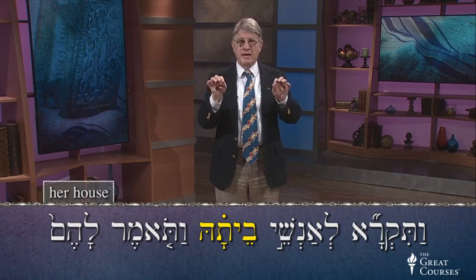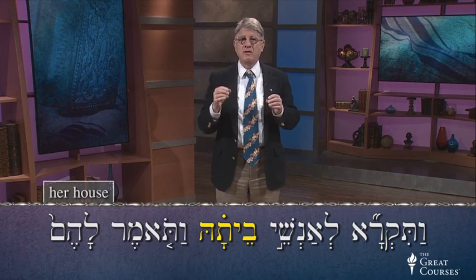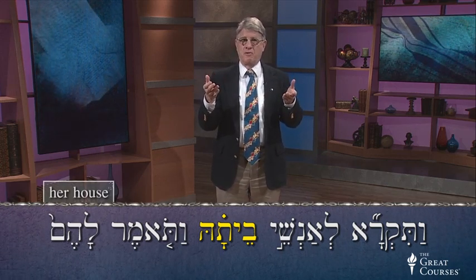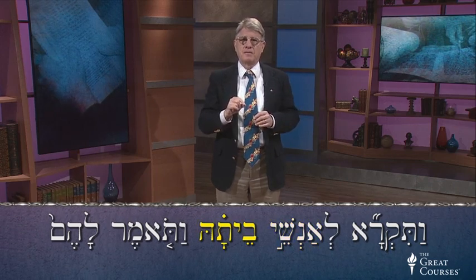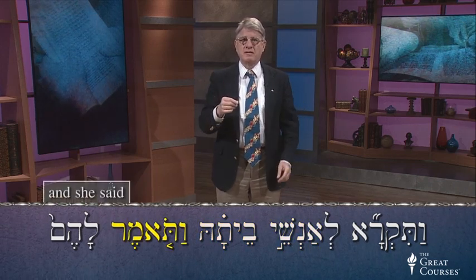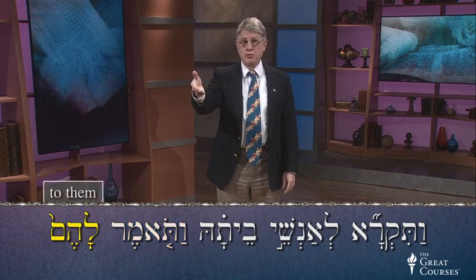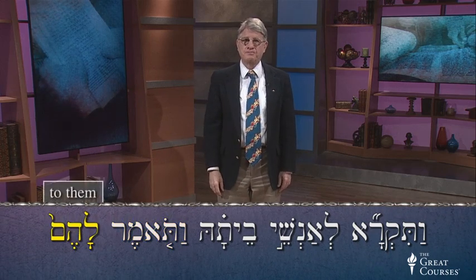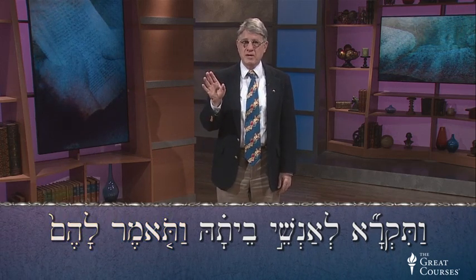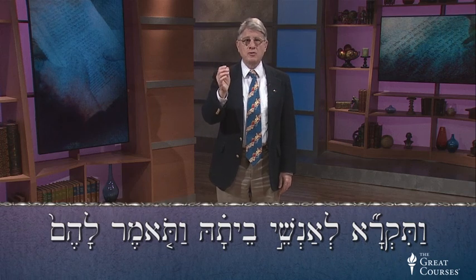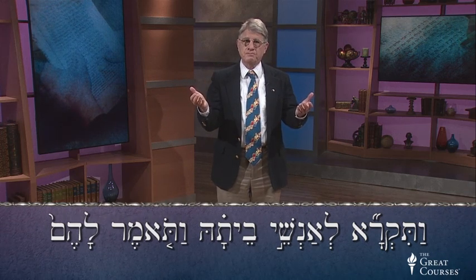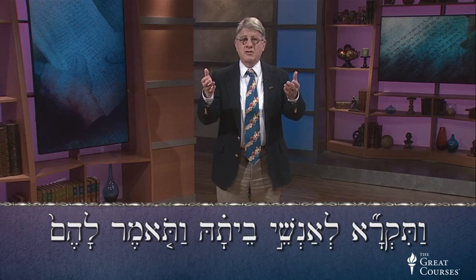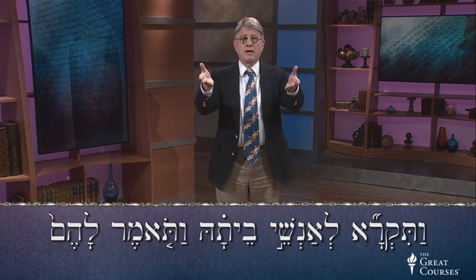Veita, because bet is a beged kefet letter, and there's a vowel immediately before it. Anshe veita. Vatomer, and she said, lahem, to them, third masculine plural. Now I'm just going to say it and see whether you can look at it and listen to it and just understand it. Vatikra la'anshe veita, vatomer lahem.